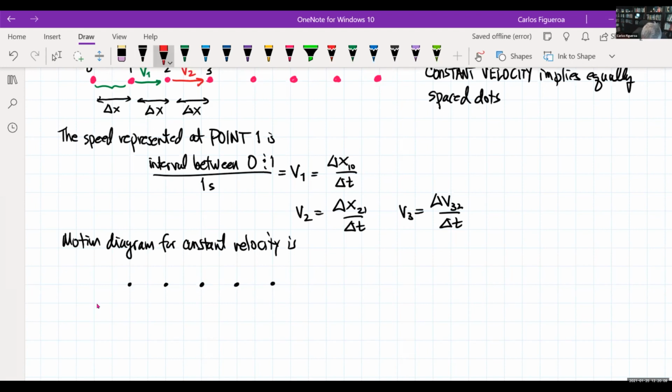So that means my arrows, assuming constant velocity, are going to have this length here. And when I look at this velocity right here, you could see that this velocity is v, and it has this amount of displacement for that amount of time.